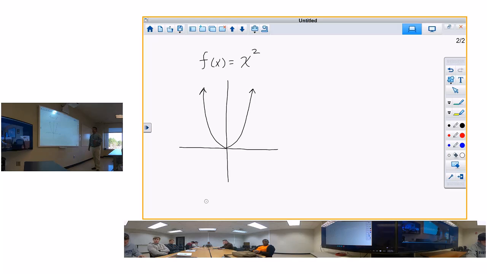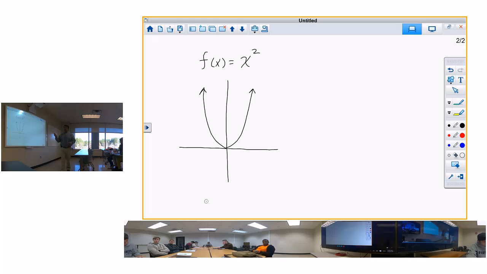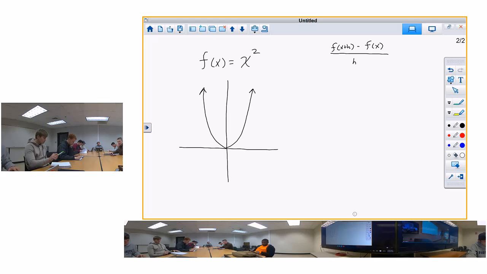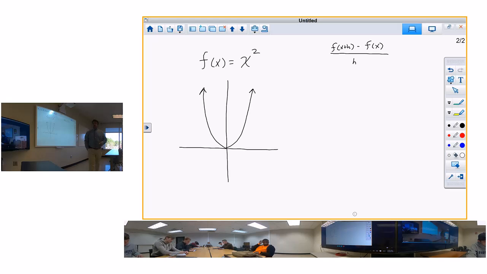Now I want you to do the difference quotient for this function. So do it. f of x plus h minus f of x over h. Okay, go ahead and do that, just like we did in the last problem.